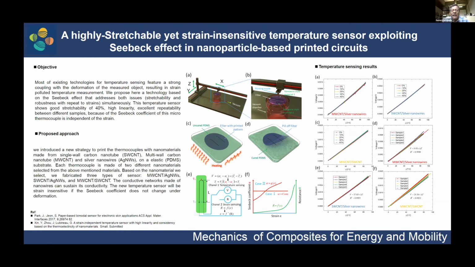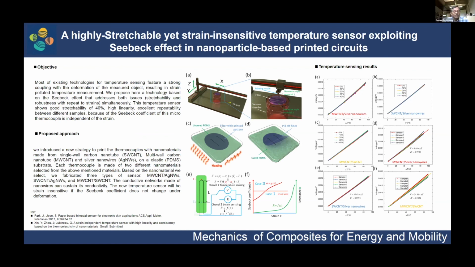Oh, interesting. How do you make sure that your nanoparticles are trapped in your film? So that they don't come out. When we peel off the filter, the nanomaterial adheres to the substrate, and then we cover another layer of PET mask to embed the nanomaterial in the middle of the substrate.